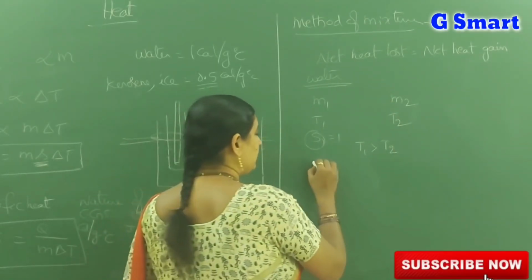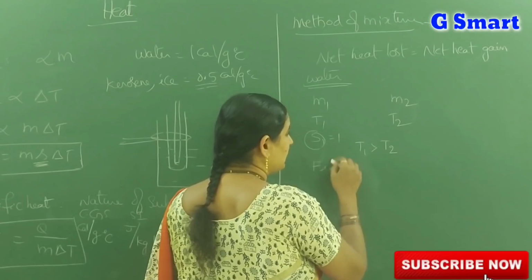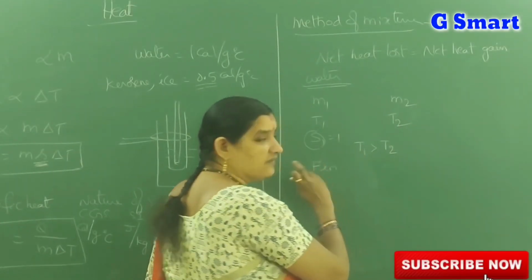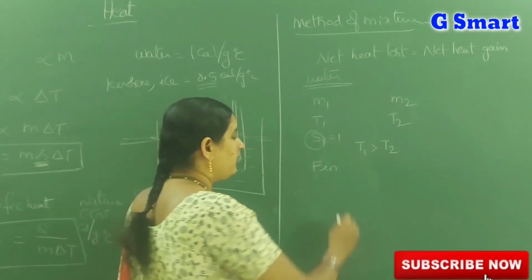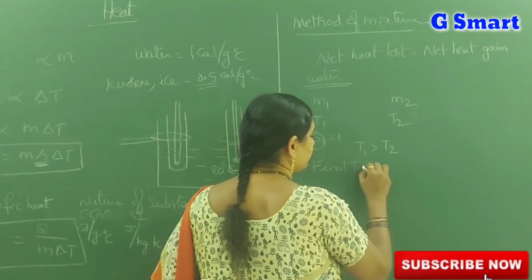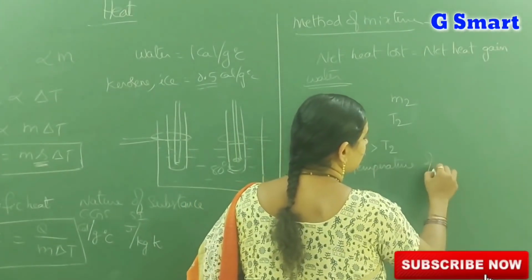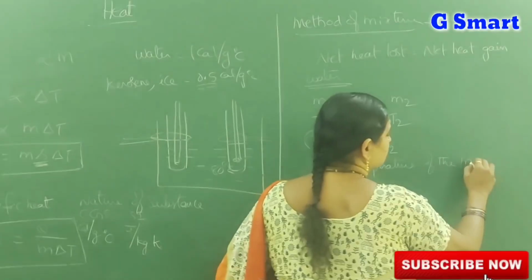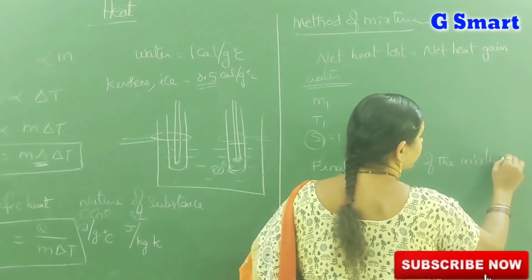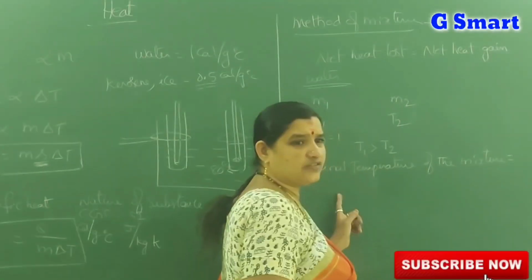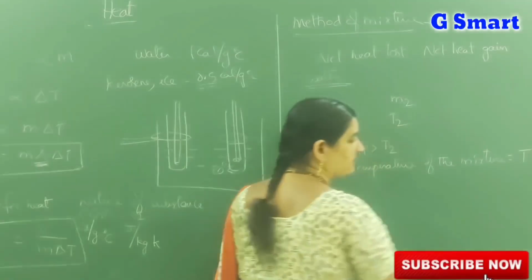The thermal equilibrium temperature, the final temperature of the mixture when they both mix, is equal to T.